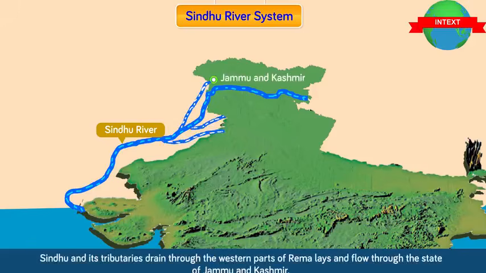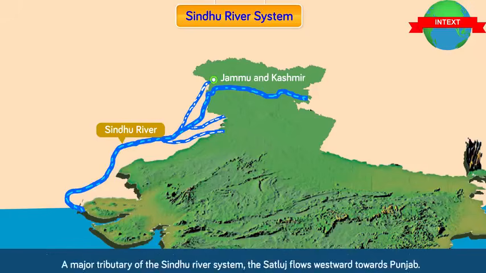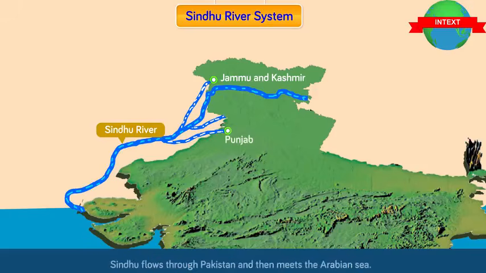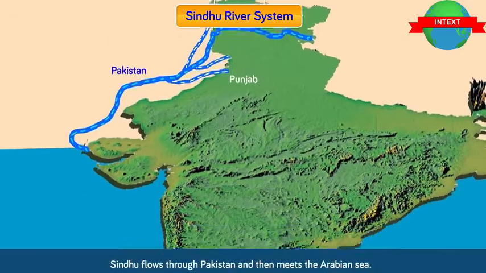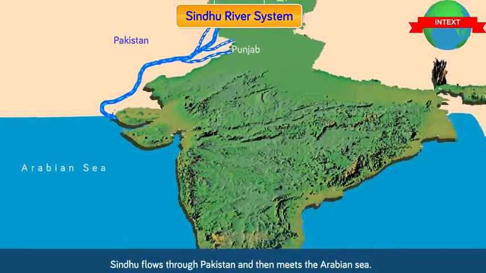Sindhu and its tributaries drain through the western parts of Himalayas and flow through the state of Jammu and Kashmir. A major tributary of the Sindhu river system, the Satluj, flows westwards towards Punjab. Sindhu flows through Pakistan and then meets the Arabian Sea.